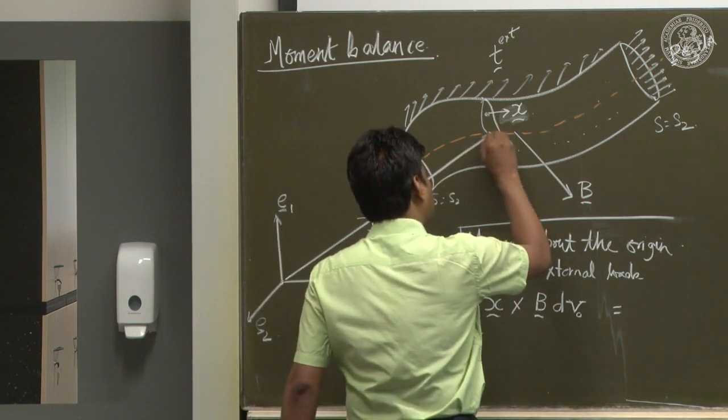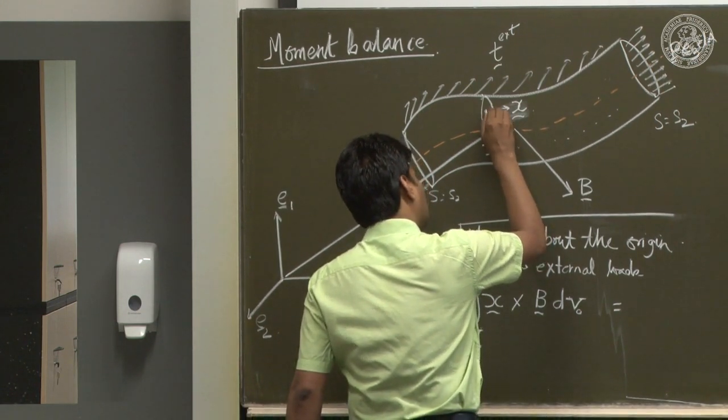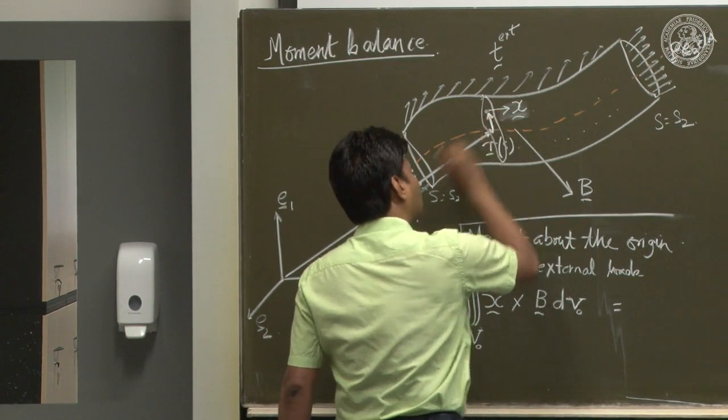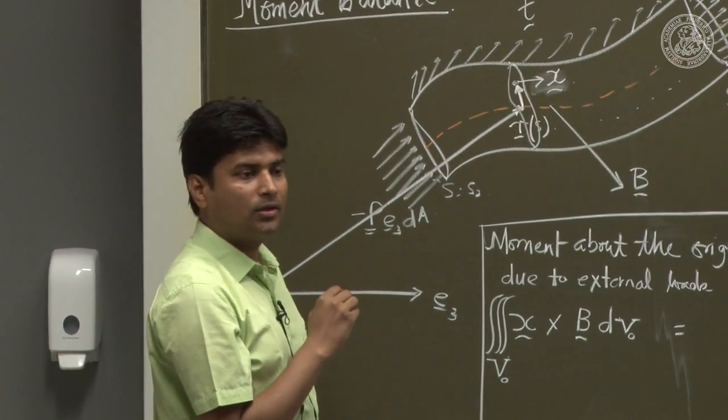So you see this is your center line, and then you have the extra vector.